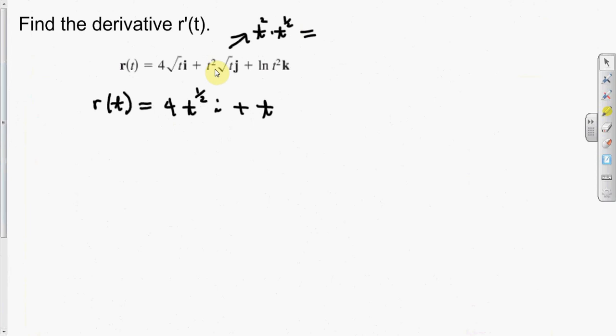Or you can use the product rule, but then after that you still have to simplify and use algebra. So let's just deal with it right now. This is t to the 2 plus 1/2, so that's t to the 5/2 times j plus the natural log of t squared k.